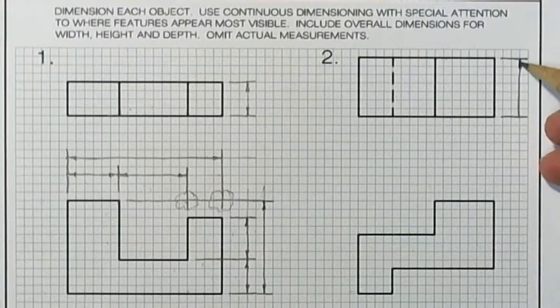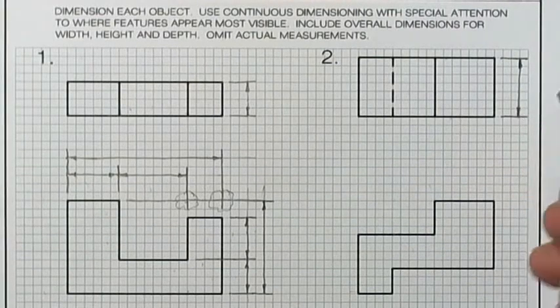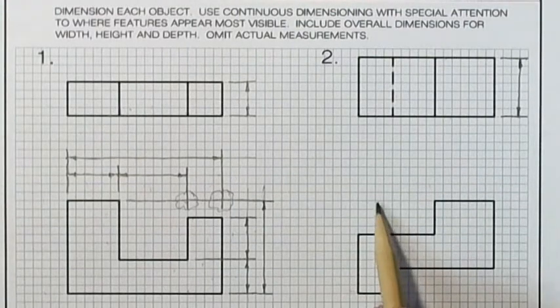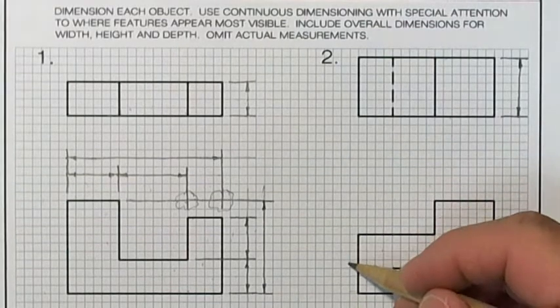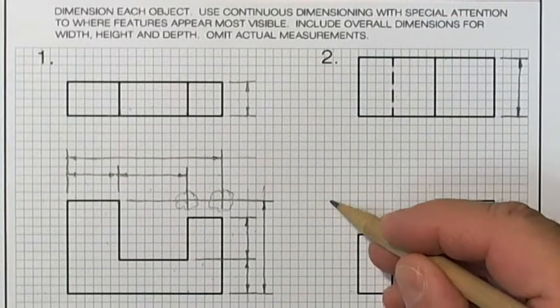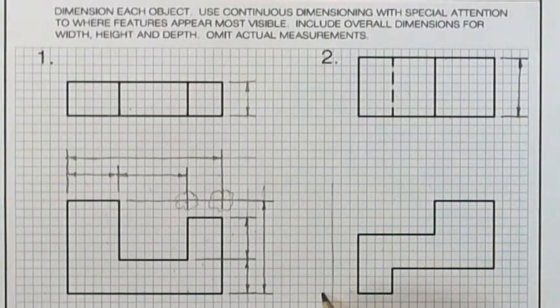Notice how slender my arrows are. Now, I either can start at the bottom and go up or the top and go down. I'm going to choose to go from the bottom up. 1, 2, 3. And I put a light line there so I know how far to go. That's the beginning of my dimension.